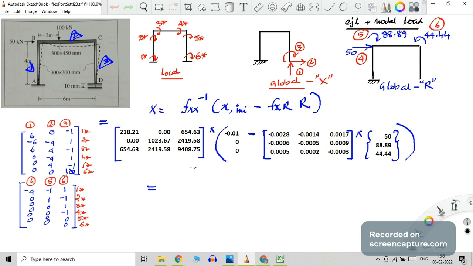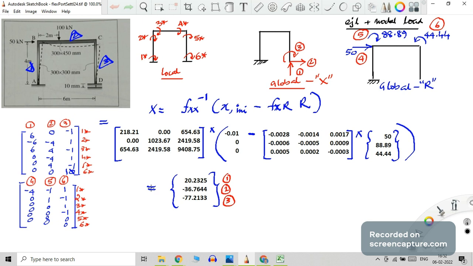So here Fxx inverse, I have written the inverse directly here, multiplied by x in E minus x initial, which is written here, minus 0.01 for x initial. Then Fxr, I have taken this one, with r as 5088.89. So it is complete. Your capital X is now solved. So for capital X coordinates 1, 2, 3, you are getting 20, minus 36, minus 77.